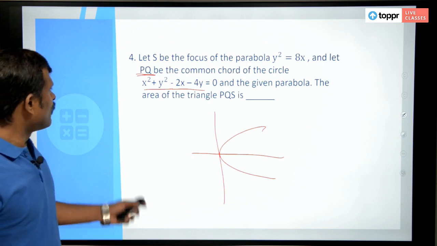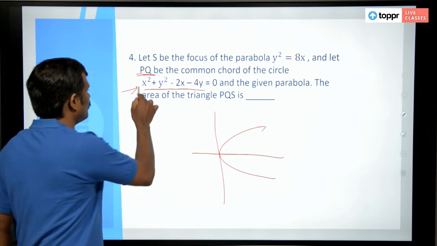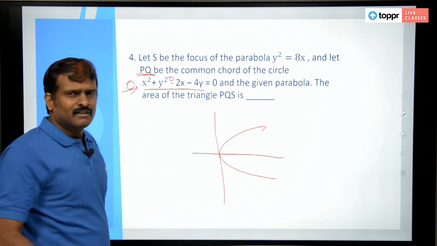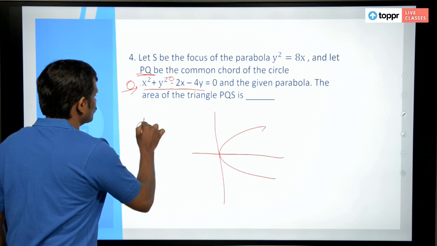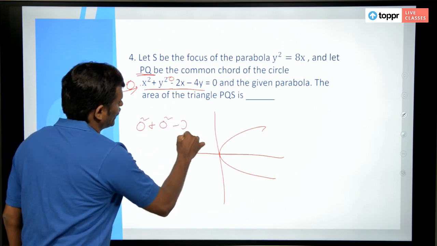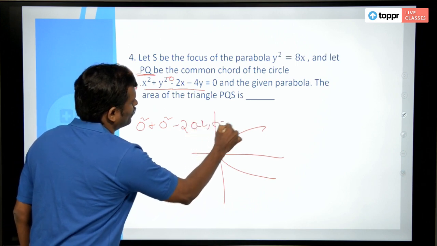Also, when you look at the circle equation, if you substitute x is equal to 0 and y is equal to 0, what happens here? 0 square plus 0 square minus 2 times 0 minus 4 times 0 is 0.